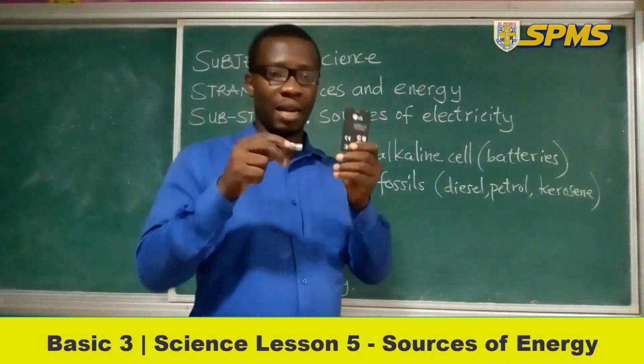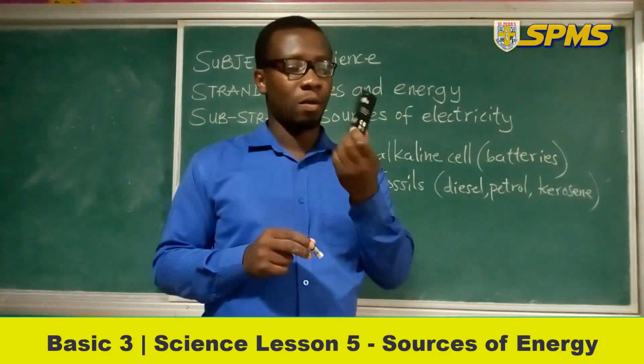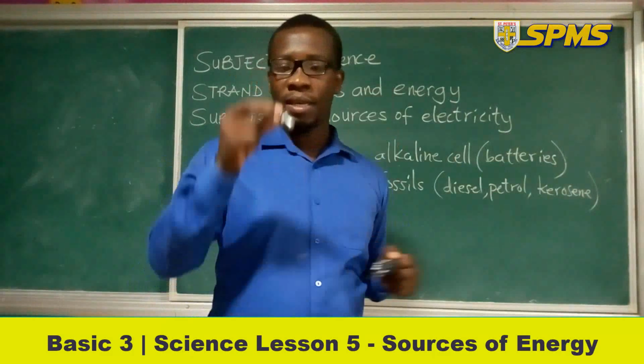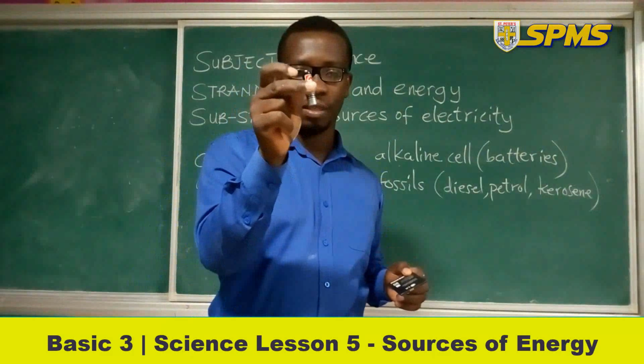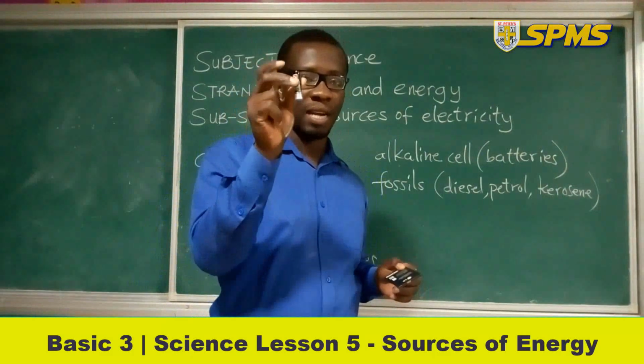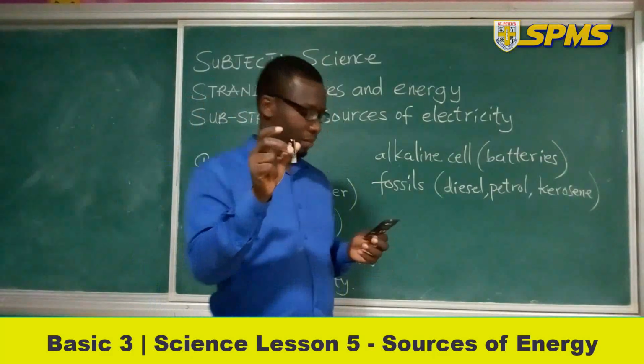These are the alkaline batteries. This one is used in our phone or in our various phones. This, I believe, you've seen them before. These are also used in our torchlight or in our simple electronic circuits.